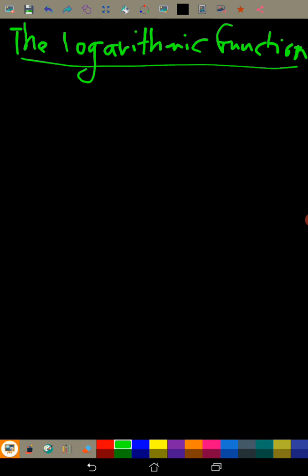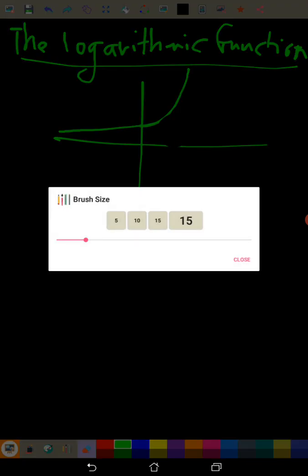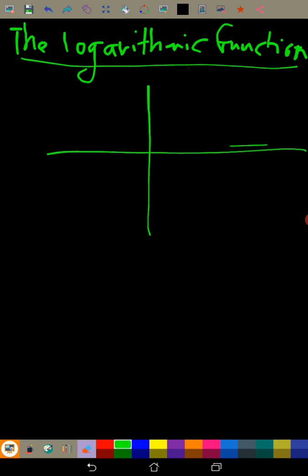The graph shows the function y is equal to 2^x. So we have a graph, and it's not exponential, it's more like this. Let me correct this. I have to redraw everything because y is equal to 2^x is very sharp, very steep, I think.